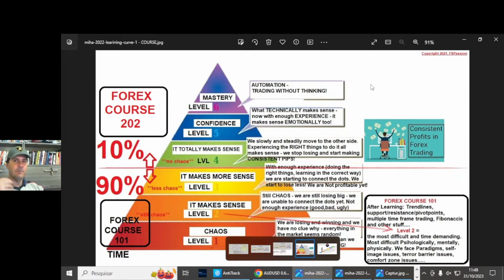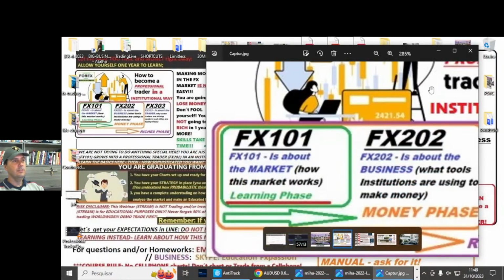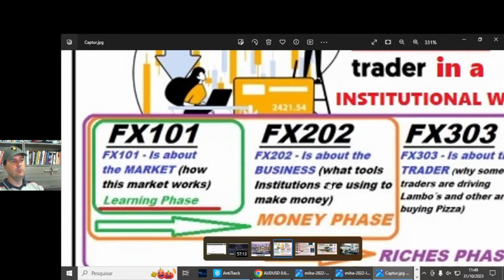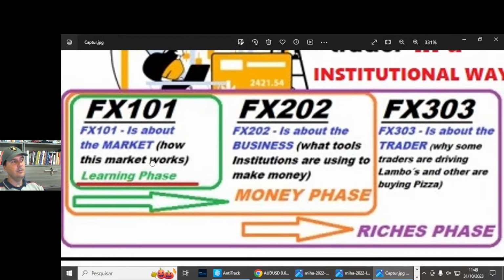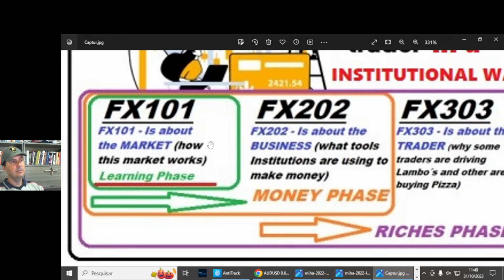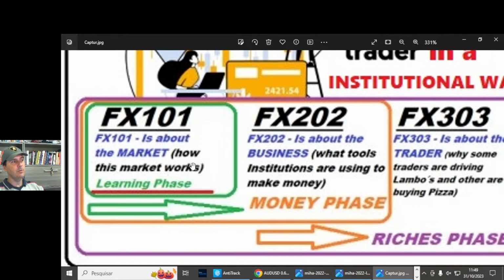Some people learn faster, some people learn slower, right? We have our own pace at learning, but you cannot make consistent profits. Forex course 2 is not going to help you if you are unskilled. You don't need to be perfect, everybody, but if you are not skilled on Forex course 101, at least 65%, then this one is not going to help you. And this is common sense, right?